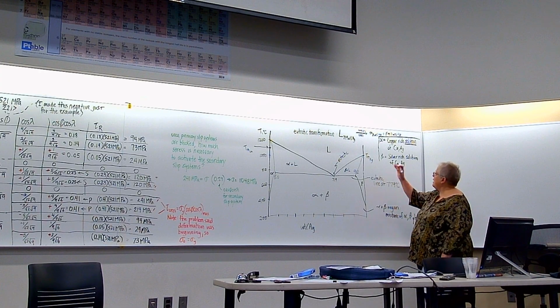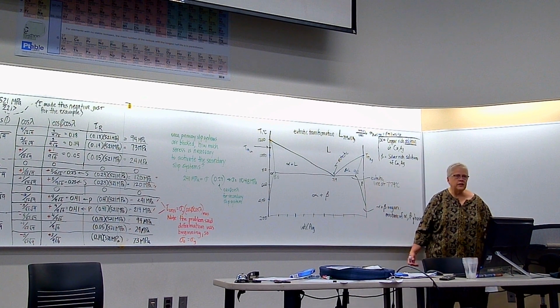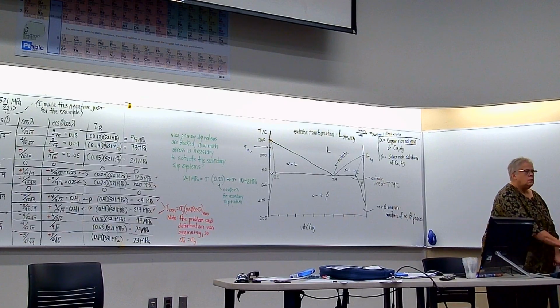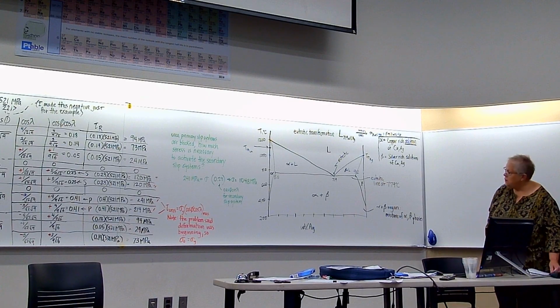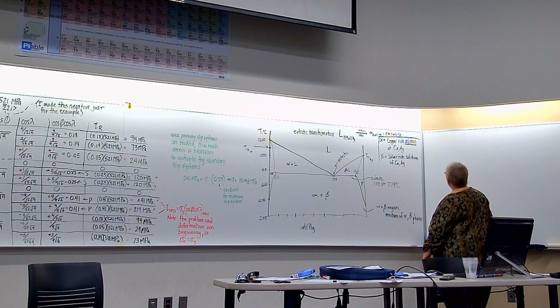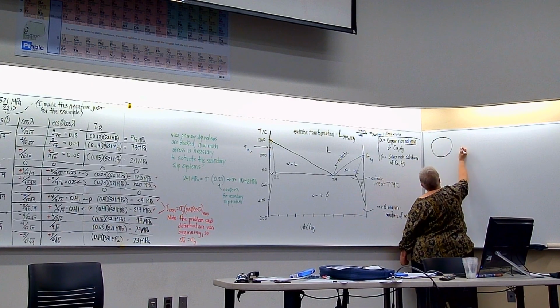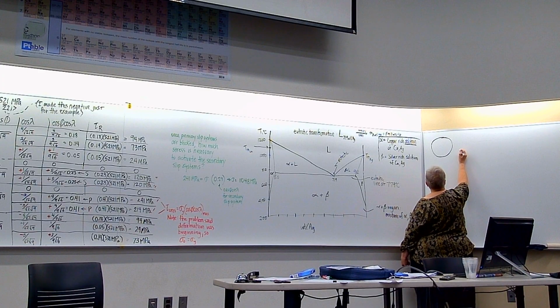This product, this alpha and beta that forms from the liquid, has a very unique microstructure. I always use a circle because it used to be when you looked under a microscope, it was a circle.